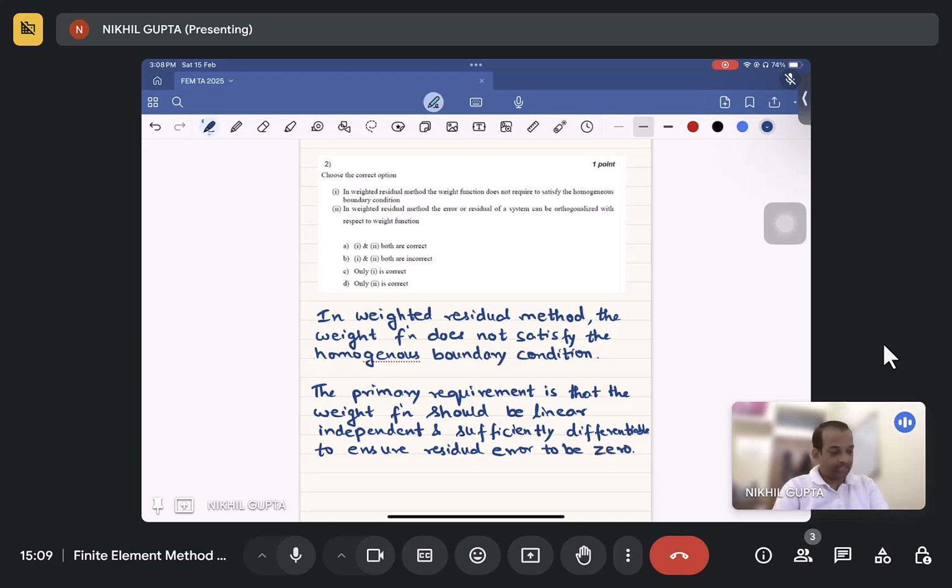And this zero is through the orthogonality condition.